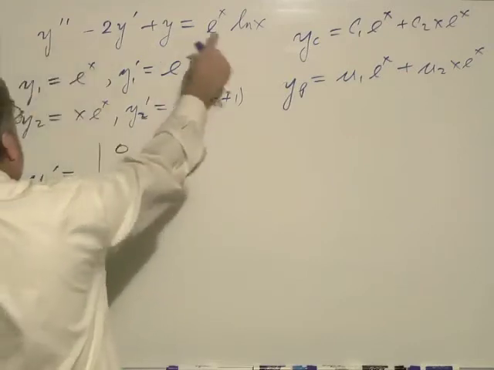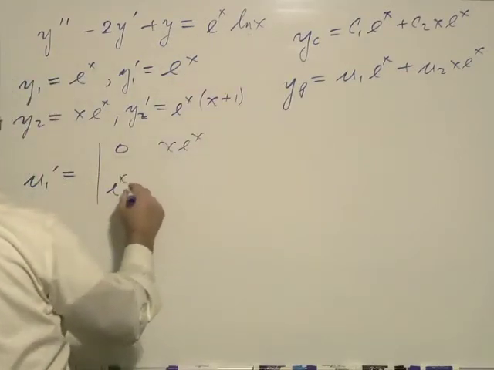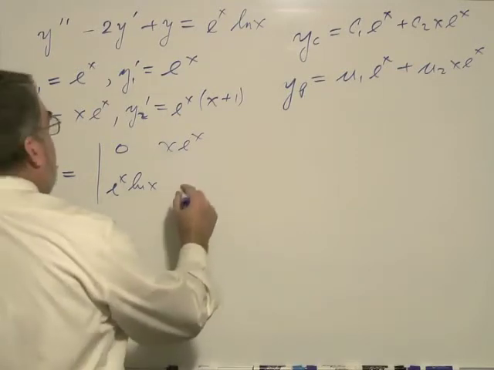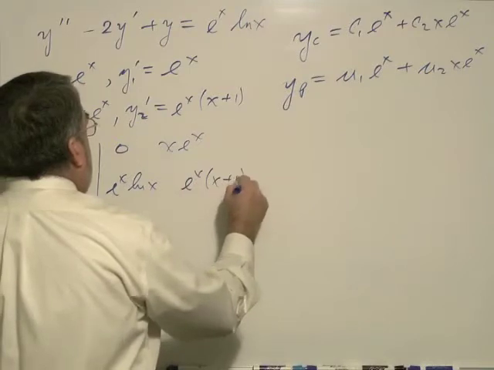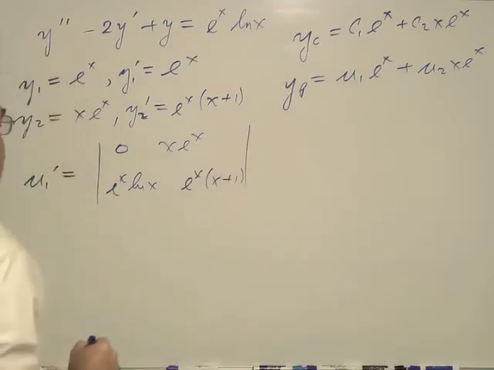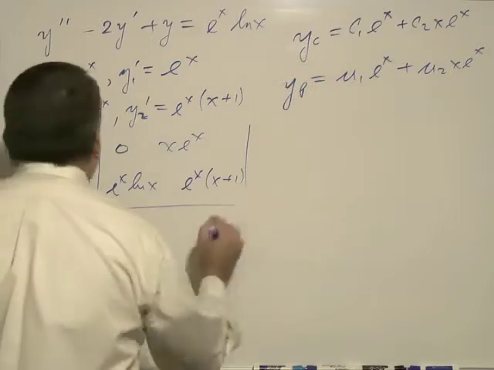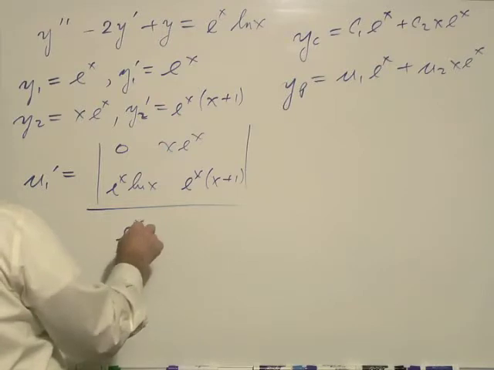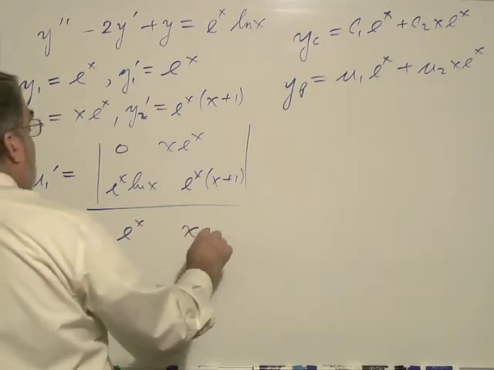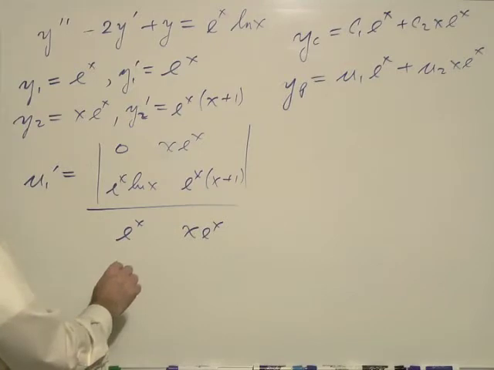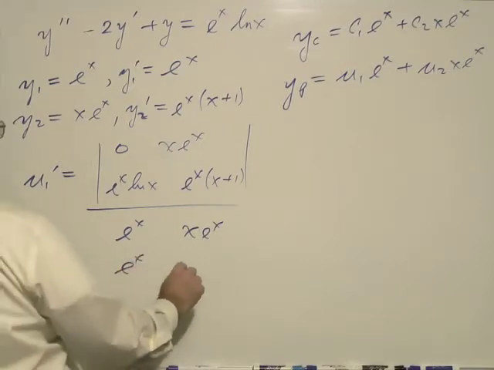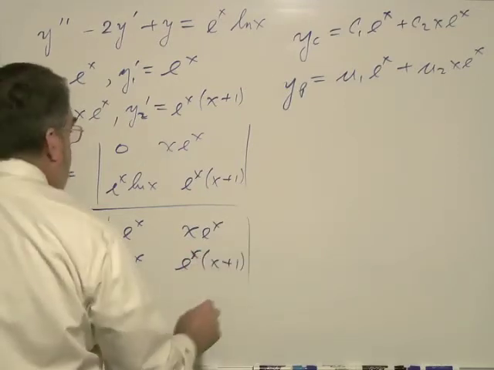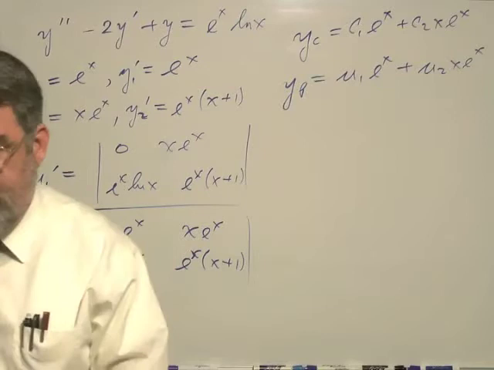Well, a2 is equal to 1, so it's q(x) = e^x ln x, and then y2', which is e^x (x + 1). Then this is divided by the determinant with y1, y2 across the top, e^x and x e^x, and the derivatives, e^x and e^x (x + 1).